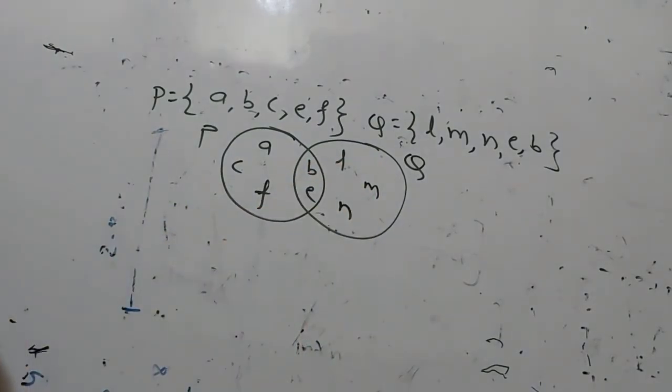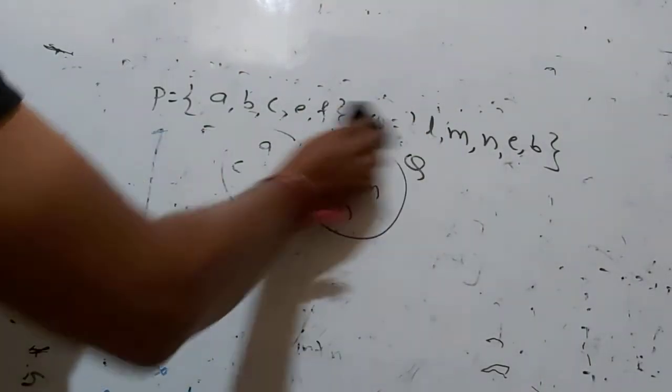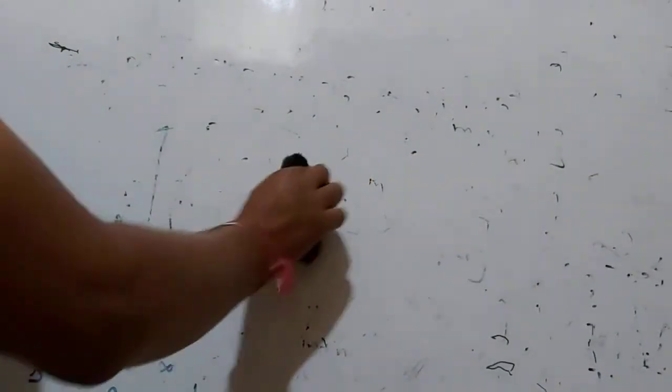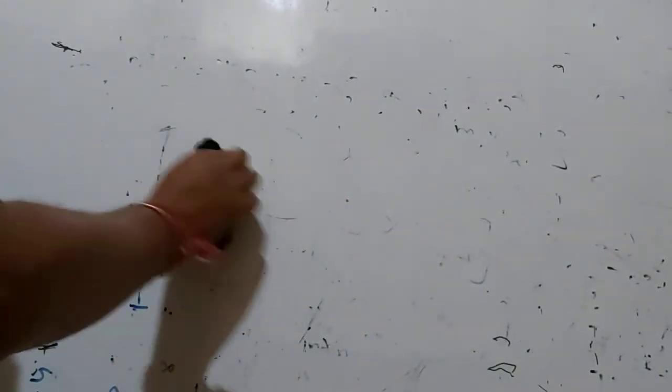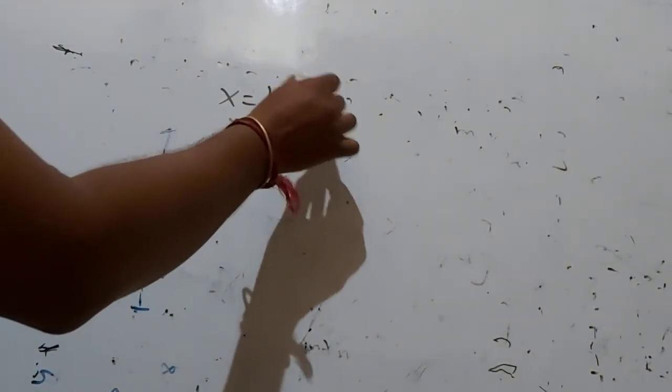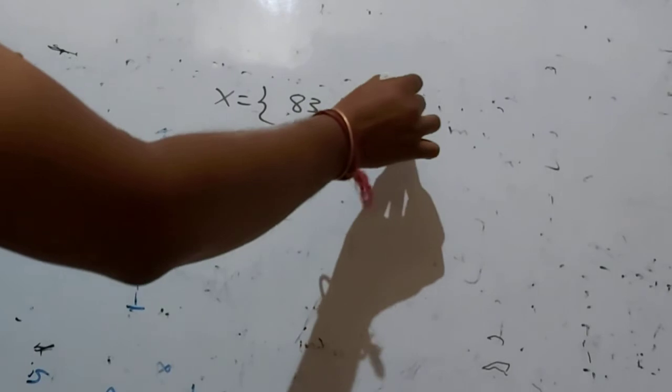Next we will see question number 3. Here a set is given to you: X is the set of x such that x is a prime number between 80 and 100. The prime numbers between 80 and 100 are 83, 89 and 97.